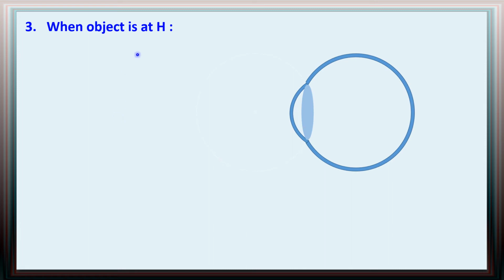H is called the near point, that is, the point of minimum distance at which a hyperopic eye can see things clearly is called the near point. I already gave you the definition also. So this one is the principal axis, L is the least distance of distinct vision point, H is the near point. Now a point object O is placed at H.